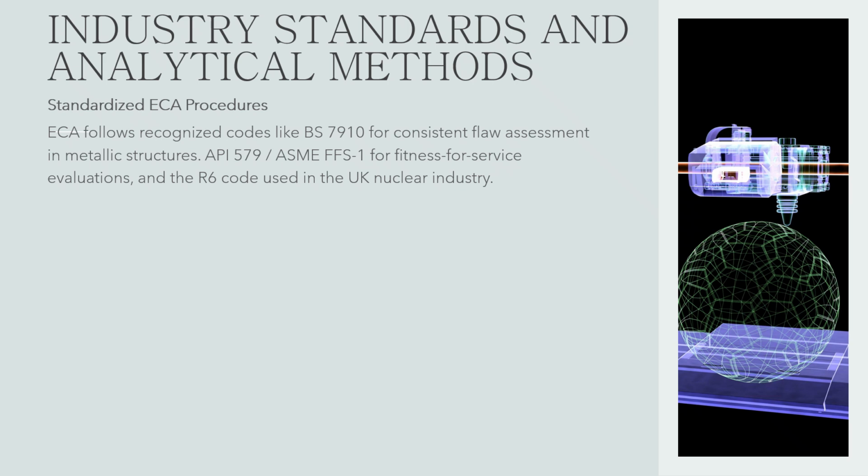Key standards include BS7910, which provides guidelines for assessing flaws in metallic structures, API 579-1/ASME FFS-1 for fitness for service evaluations, and the R6 code used in the UK nuclear industry. These standards outline methodologies for determining flaw acceptability based on fracture mechanics principle.